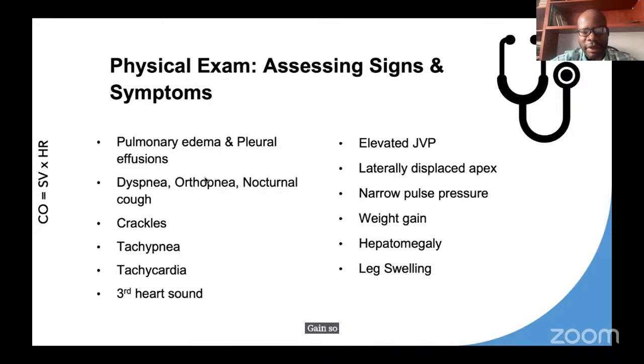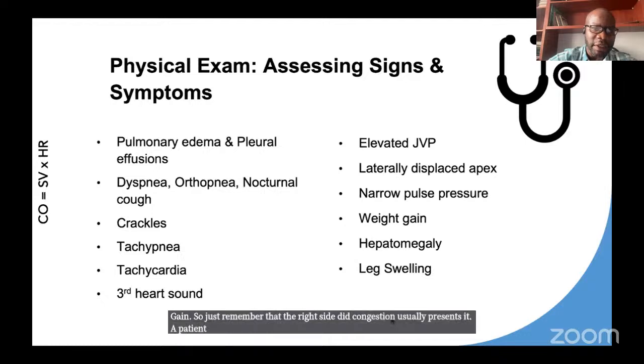So just remember that right-sided congestion usually presents with peripheral edemas, increased jugular venous pressure, cardiomegaly, and also ascites and ankle edema.